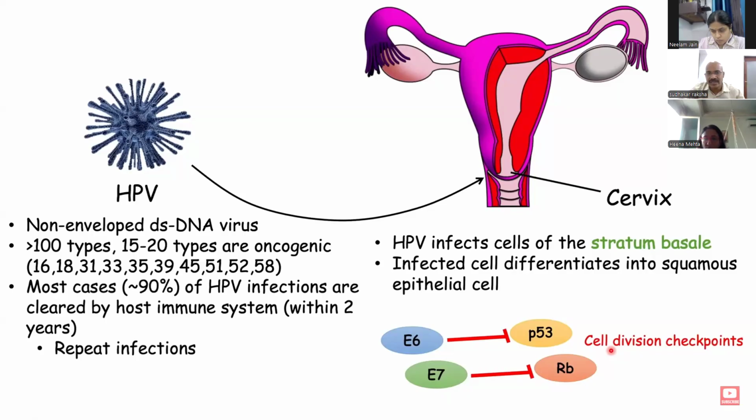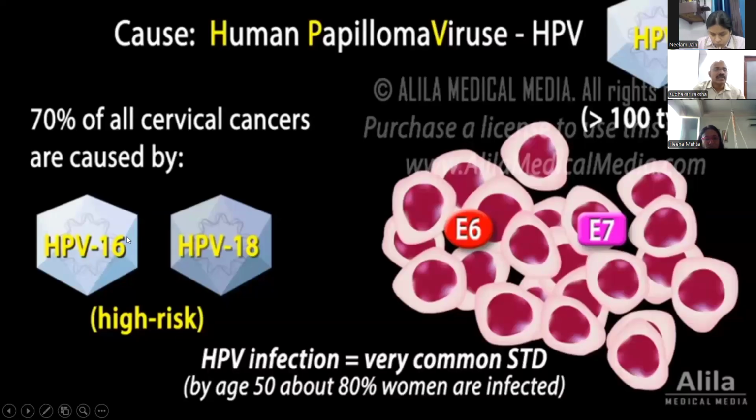So the cause of cervical cancer is human papillomavirus. Human papillomavirus will cause a loss of the brake in the cell cycle. So the cells will divide relentlessly, where some more mutations are added, leading to cervical carcinoma. This is HPV 16 and 18.